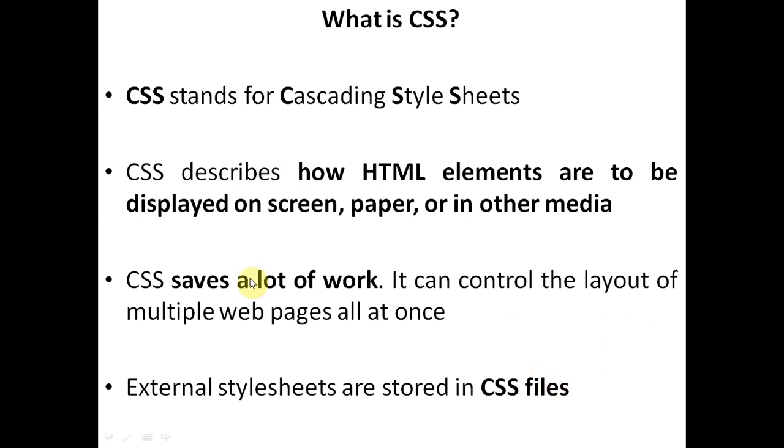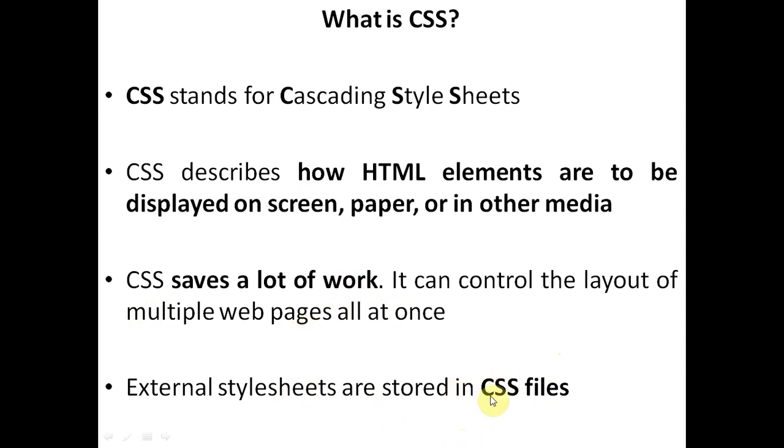By using a cascading style sheet, we can reduce the size of the program and make it fast, and keep similar formatting in all the text and all the pages. So these are the benefits of cascading style sheets.